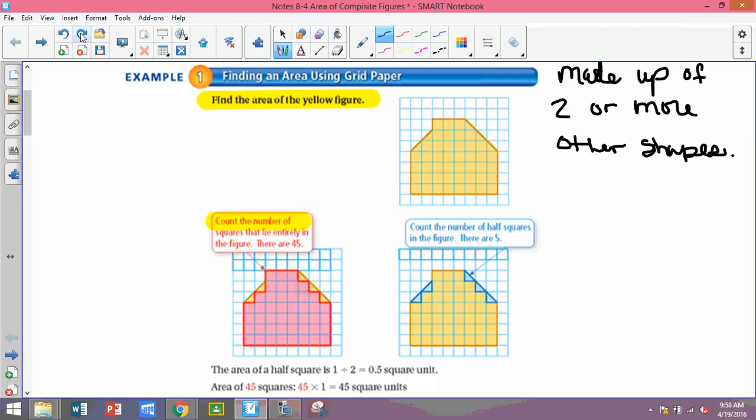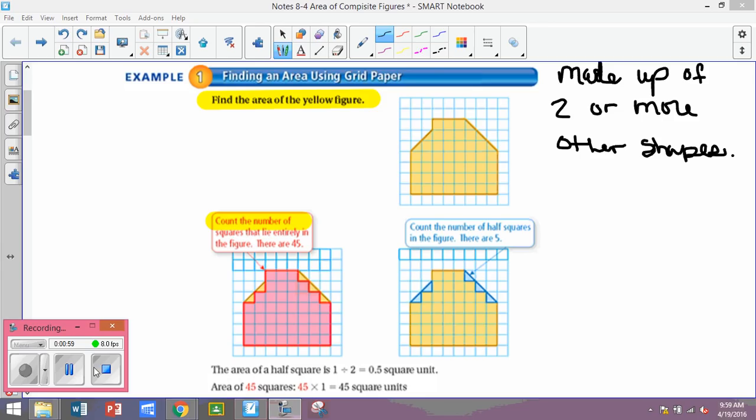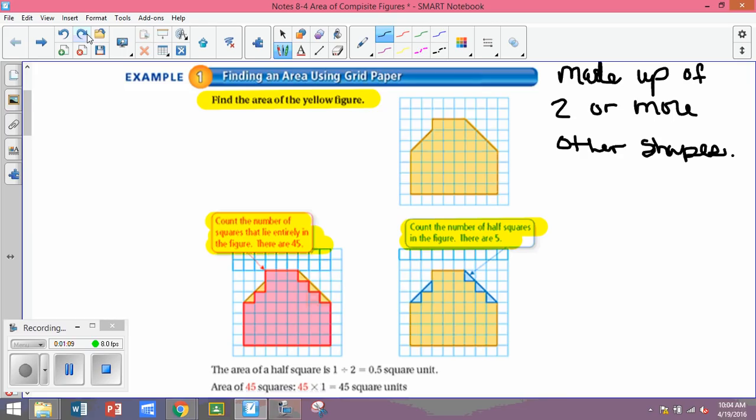So if you look at the second row, when you have a composite figure like this, you want to count the number of squares that lie entirely in the figure. If you do that, there are 45 of them.